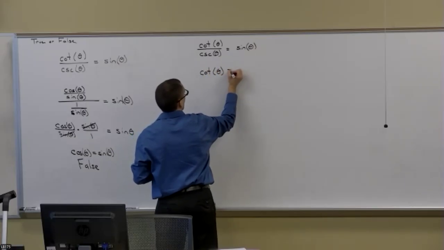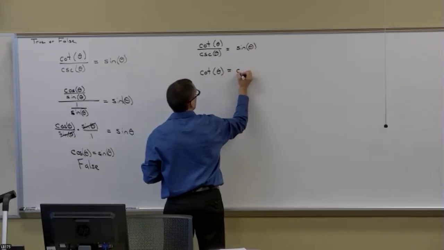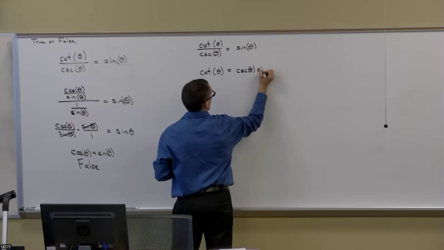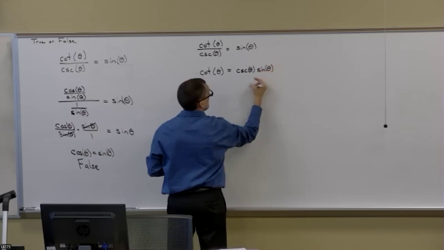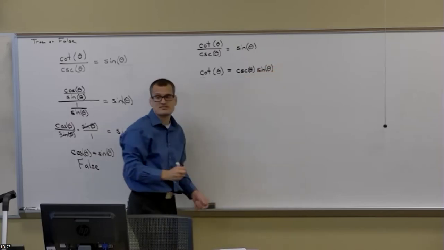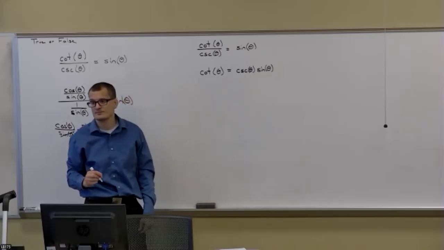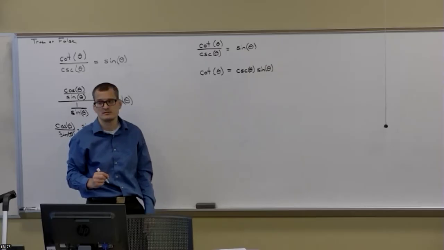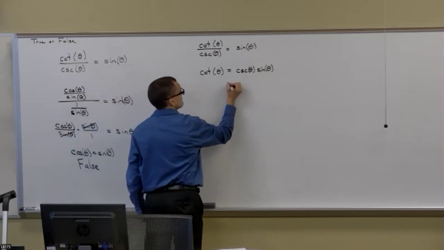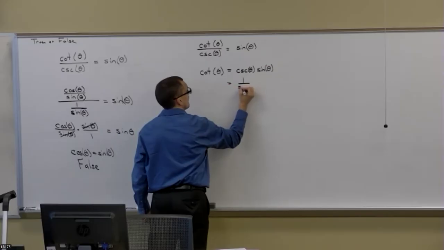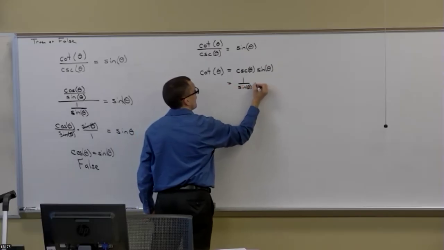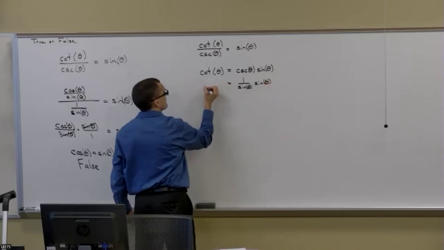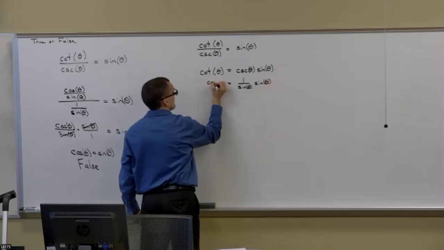If I multiply the left by cosecant and multiply the right by cosecant, cosecant and sine are reciprocals of one another. So when I multiply those, I get a 1. Does that make sense? Cotangent, once again, is cosine over sine.